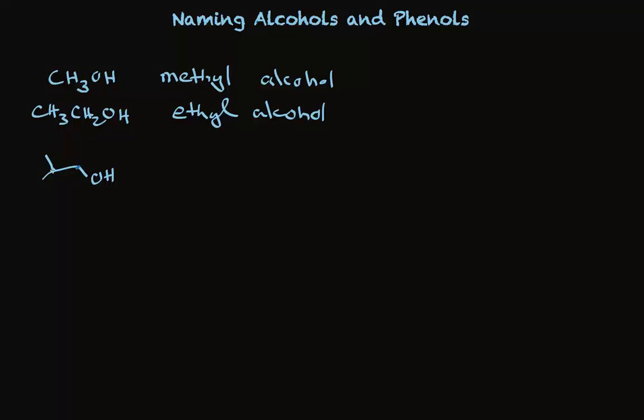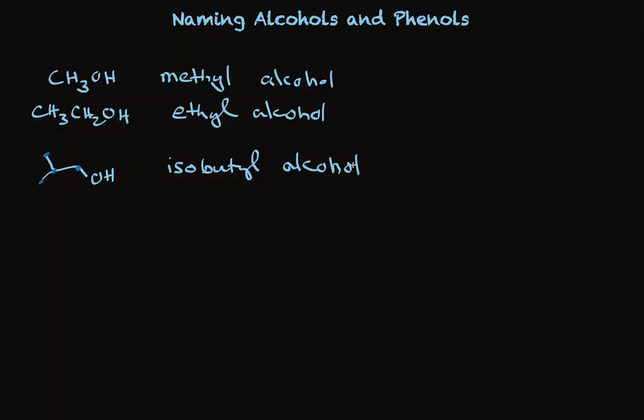These four carbons are the isobutyl group. And so on and so forth. So just review the names of the alkyl groups that you've learned so that you're ready to name whatever comes along in terms of common names. Name the alkyl group and alcohol.